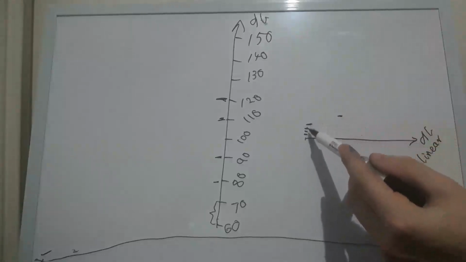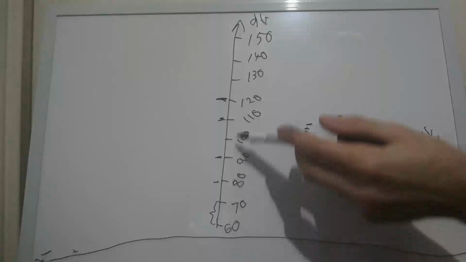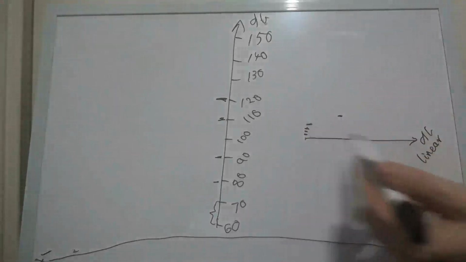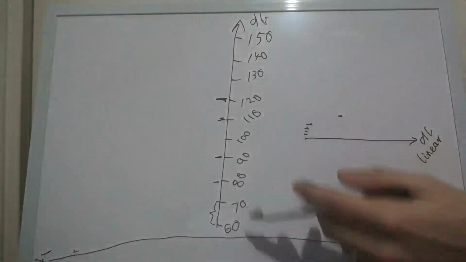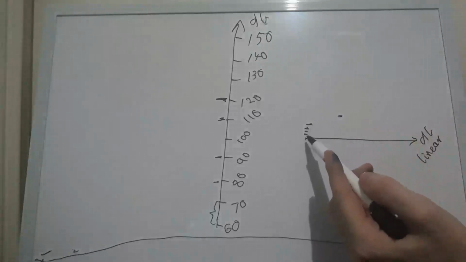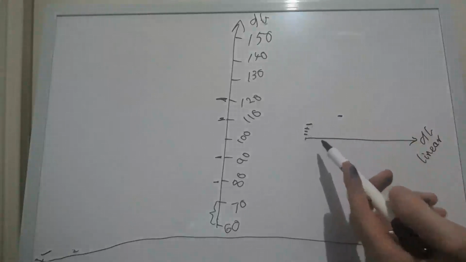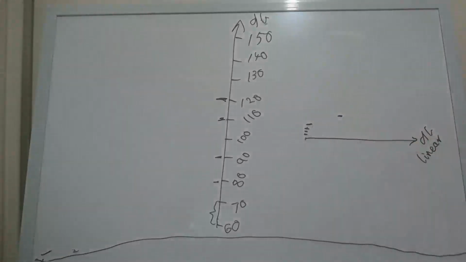So with that big range of volumes on a linear scale, all the things down here are very similar, and the differences between them are very difficult to see and not accurately shown on a linear scale. So that's one reason why we use log plots, or log scales rather.